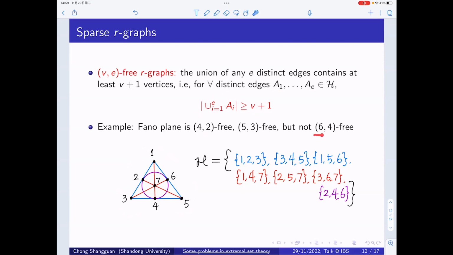But it is not (6,4,3)-free, because if you consider these 4 edges, 1-2-3, 3-4-5, 5-7-2, and 1-7-4, the union of these 4 edges does not contain the vertex 6, so it is not (6,4,3)-free.